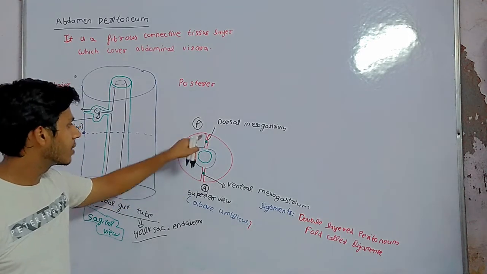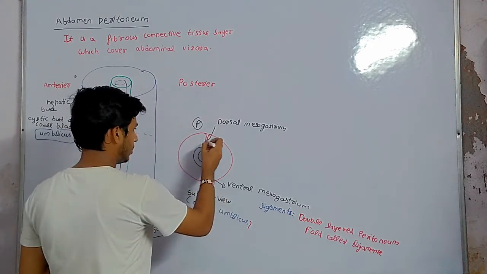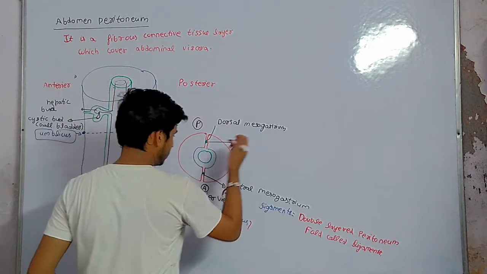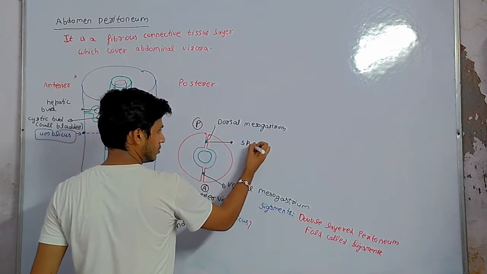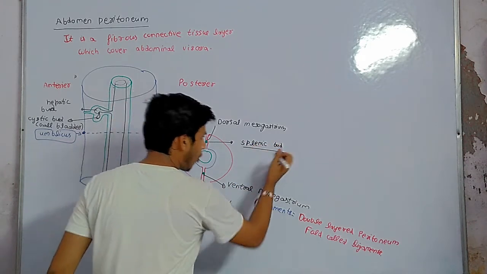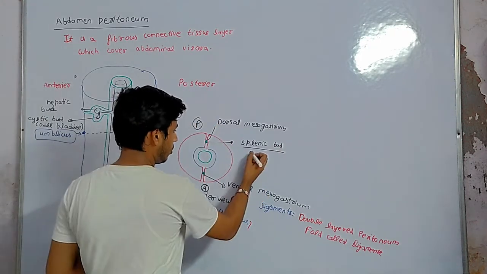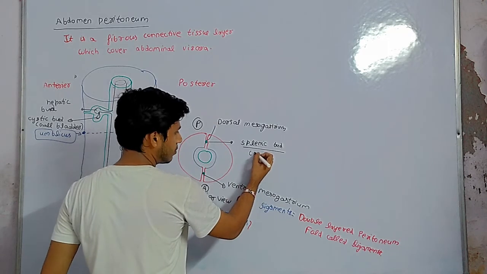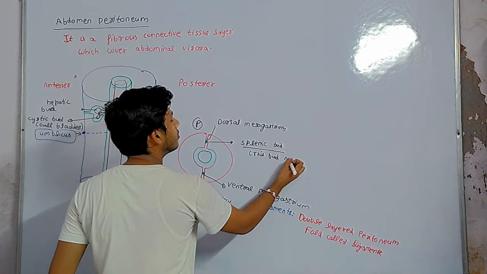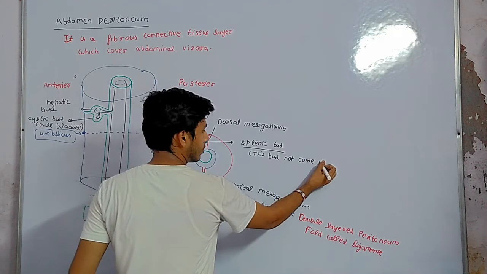But the dorsal mesogastrium has another special bud, which is called the splenic bud. It is not formed from the gut tube, remember, an important point. But the liver bud comes from the gut tube.